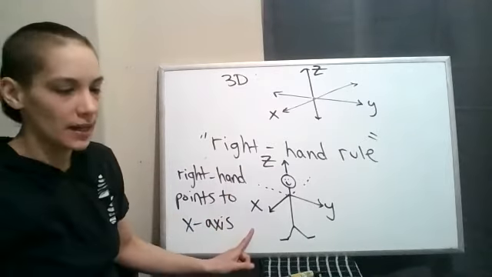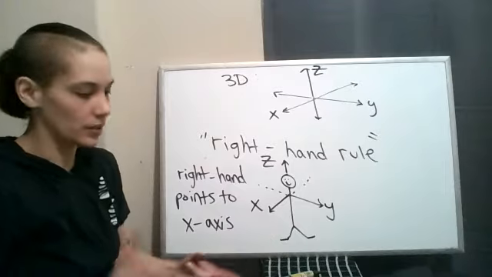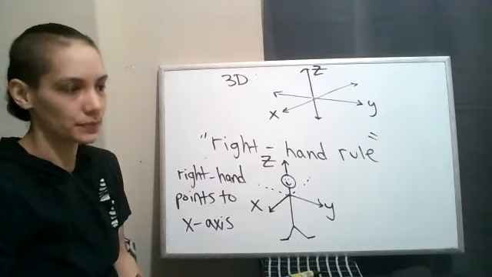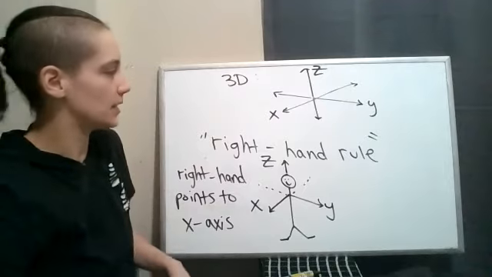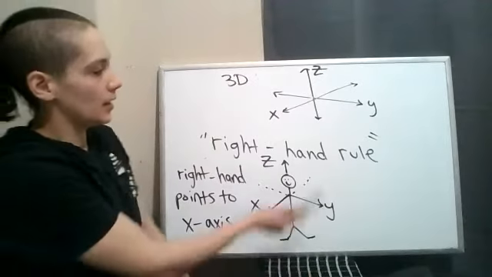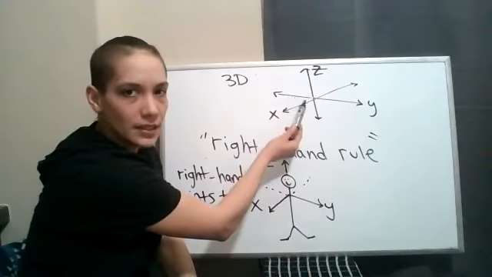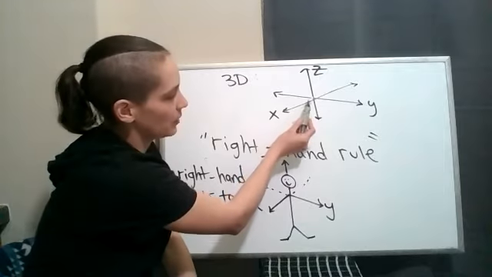And there's another way that my teacher explained it, so we're going to draw a new picture for the right hand rule using your right hand as a sketch. But before we go there, let's go on the x-axis and make some marks.